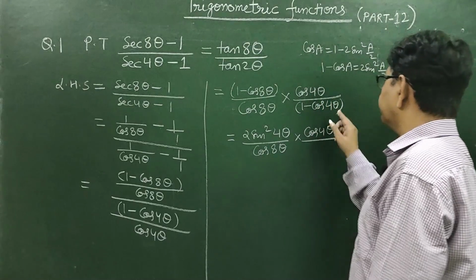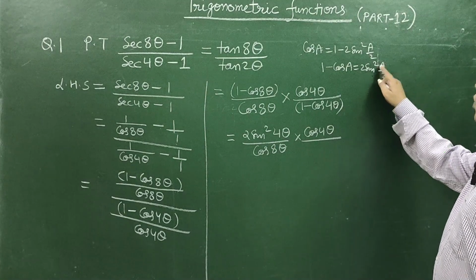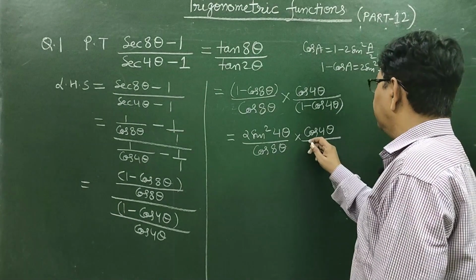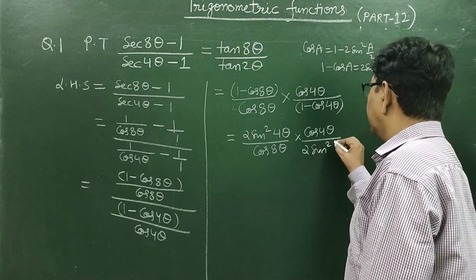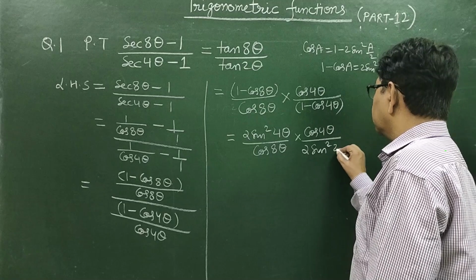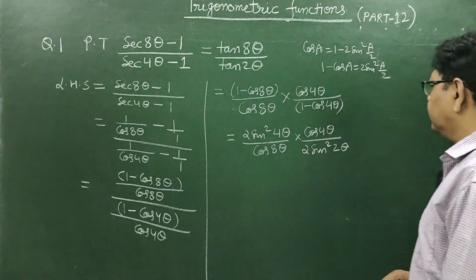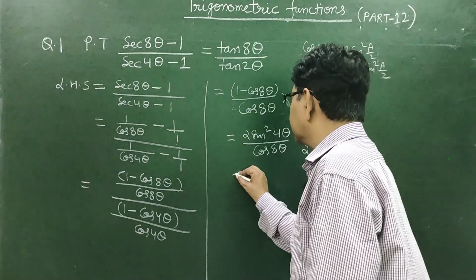Similarly, using the formula 1 minus cos A is equal to 2 sin square A by 2, this 1 minus cos 4θ is equal to 2 sin square half of 4θ, that is 2θ. Keeping this 2 here because we will require it.